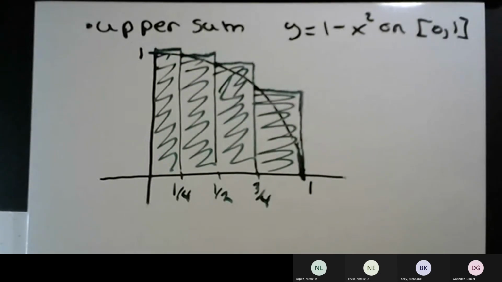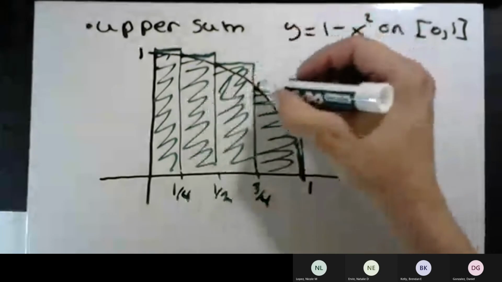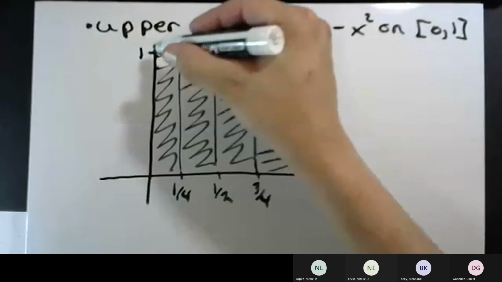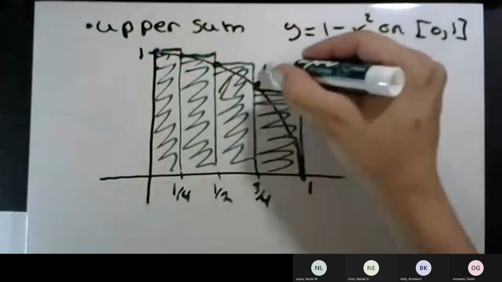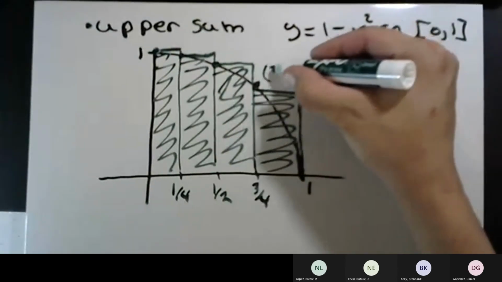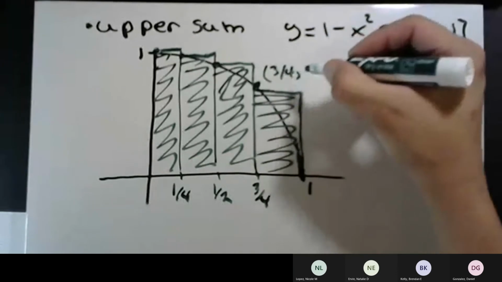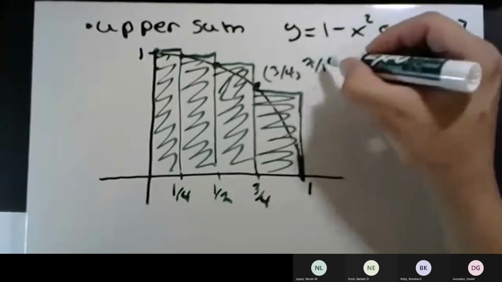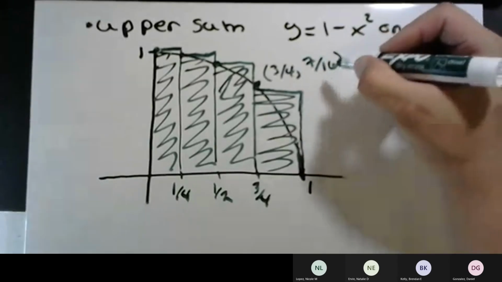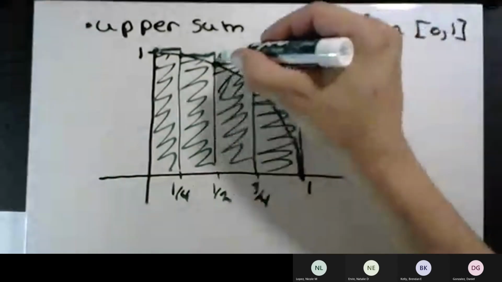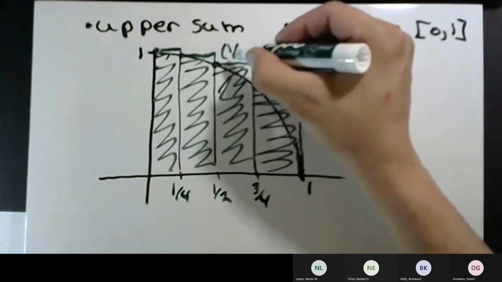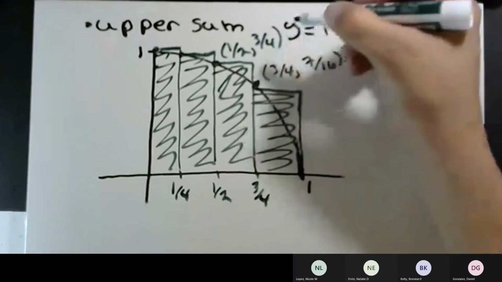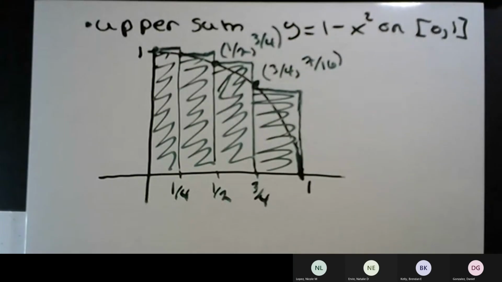And so we're going to use these points this time. So now we have 3/4 and 7/16, like we did before. And then we have 1/2 and 3/4, 1/4 and 15/16.